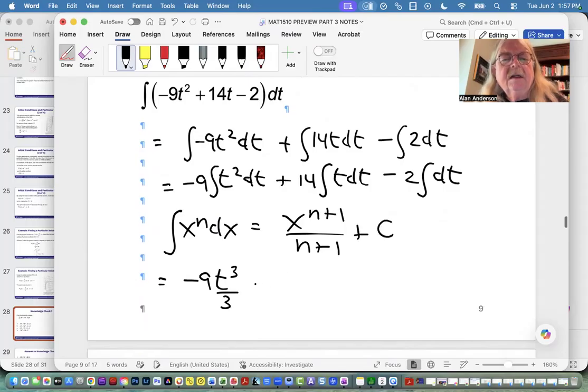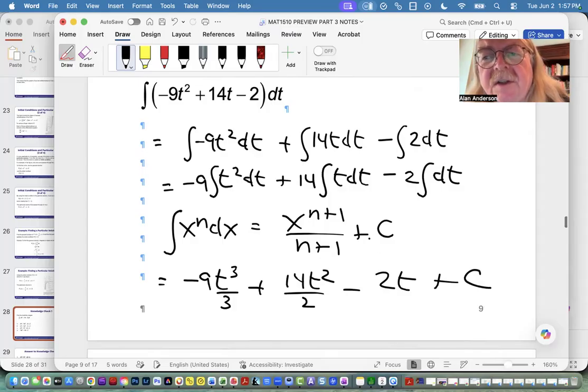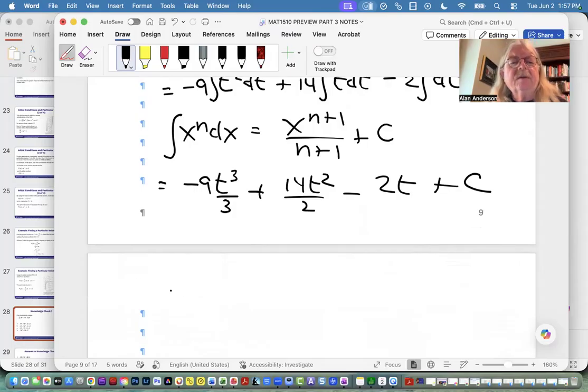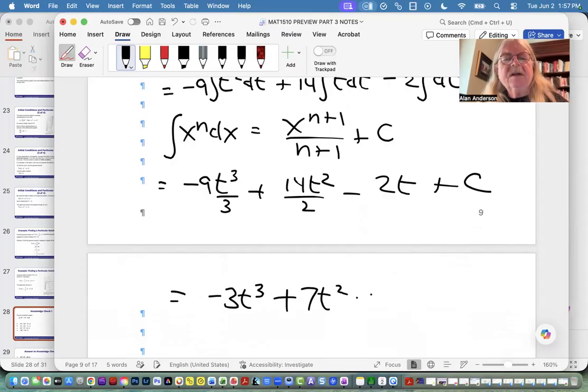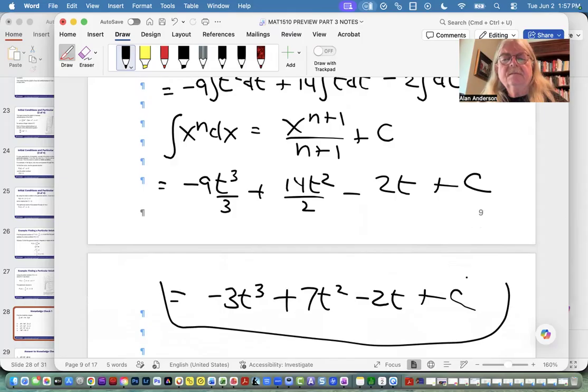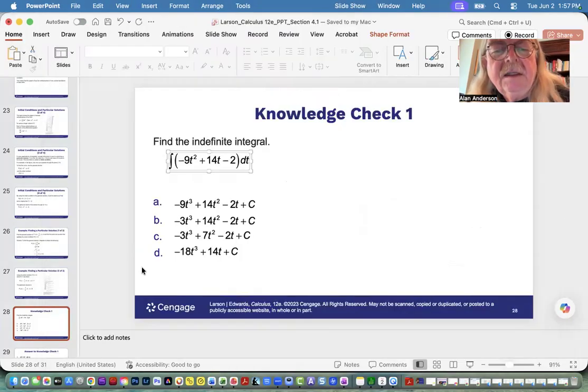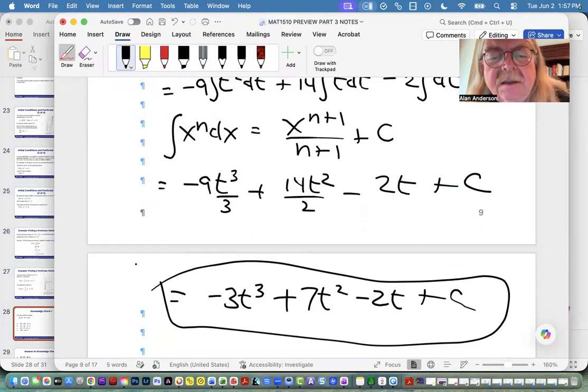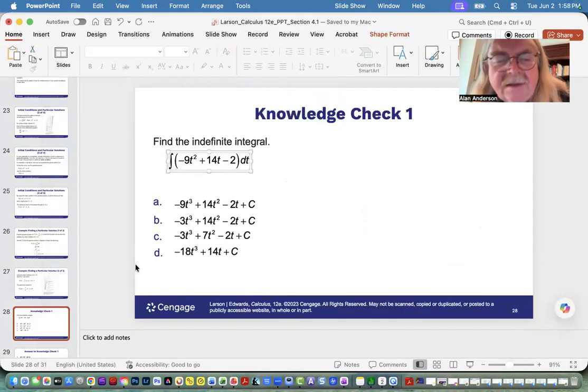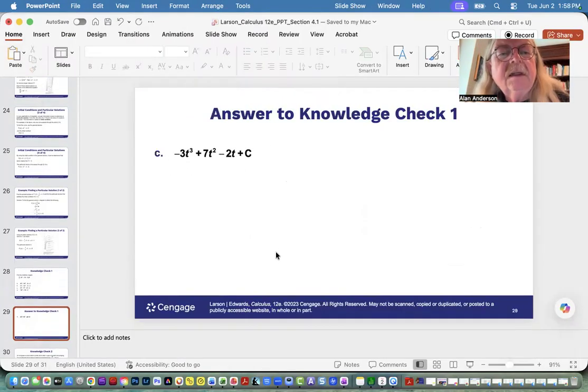Don't forget the C. And then in a second, we'll simplify them. Because each one of these has its own constant, we can just lump them together, so we don't have to worry about that. So we end up ultimately with minus 3t cubed plus 7t squared minus 2t plus c. Okay. And so which one is that? It looks like the answer is D, C rather. It's C. Very good.